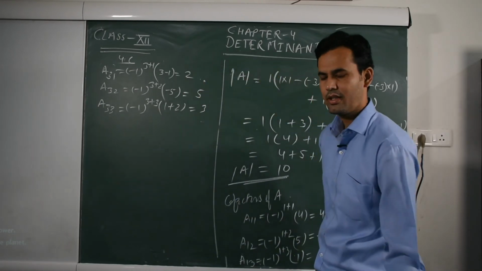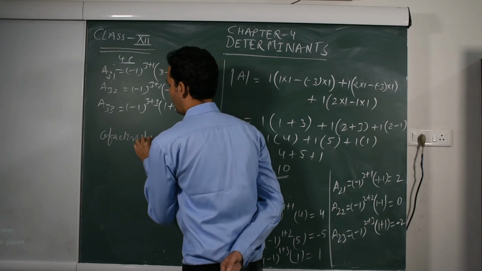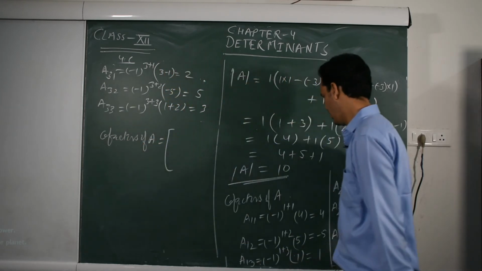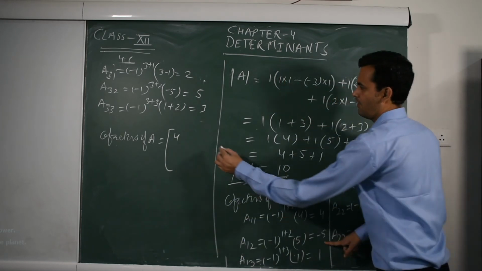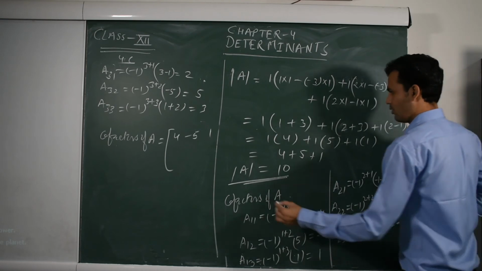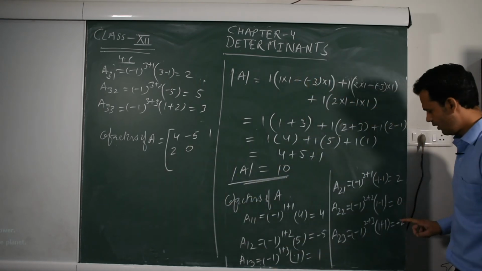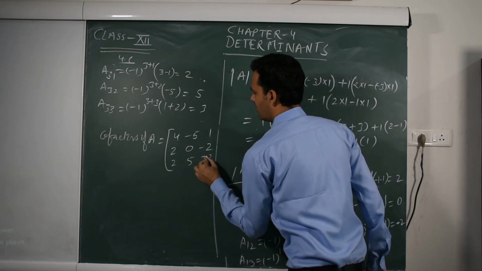Now we write the cofactors of A in determinant form. So first 4, then minus 5, and then 1. Second row 2, 0 and minus 2, and then 2, 5 and 3.